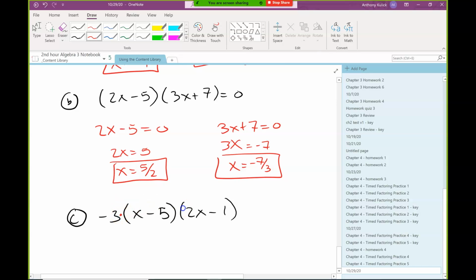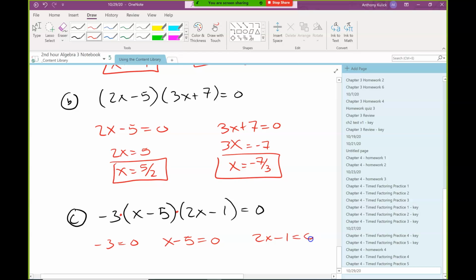Really have 3 things, right? Everybody agree with that? The zero product property still equals 0. Zero product property still applies.